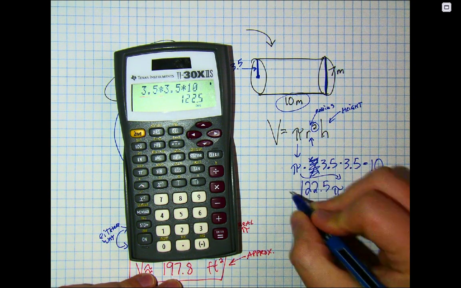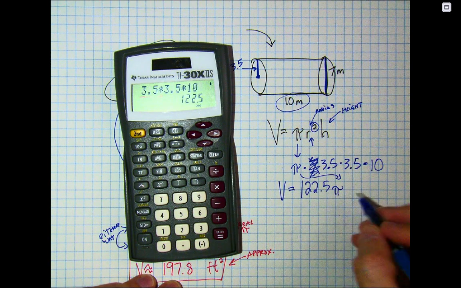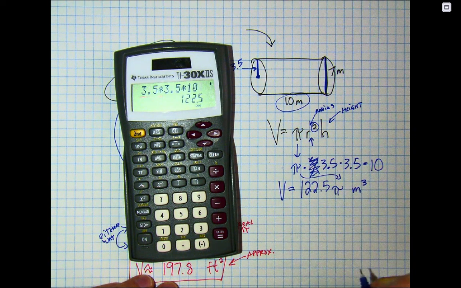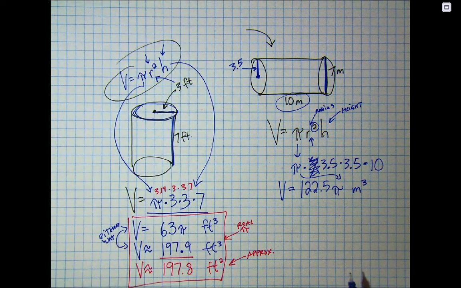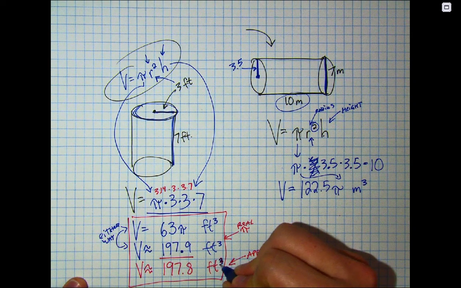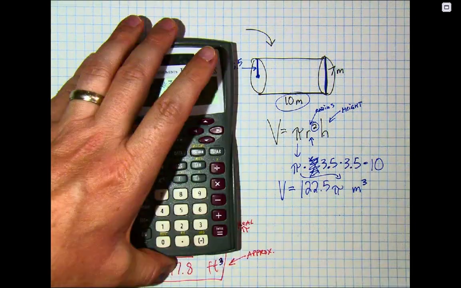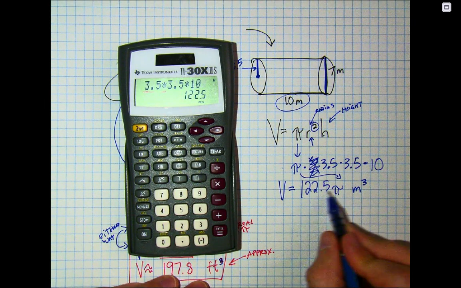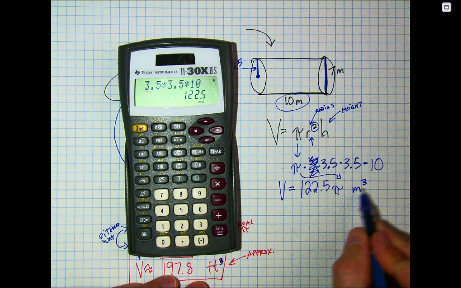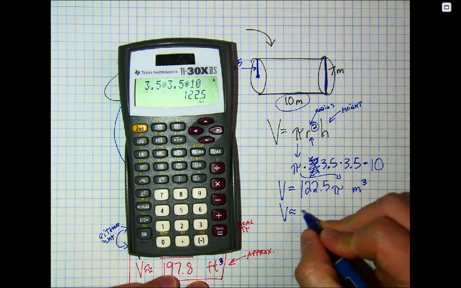So I could say my volume is that many cubic meters. Uh-oh, hold on. Over here I said square feet, and that was supposed to be cubic feet, because volume is always cubic units, right? Cubic meters, 122.5 pi cubic meters.